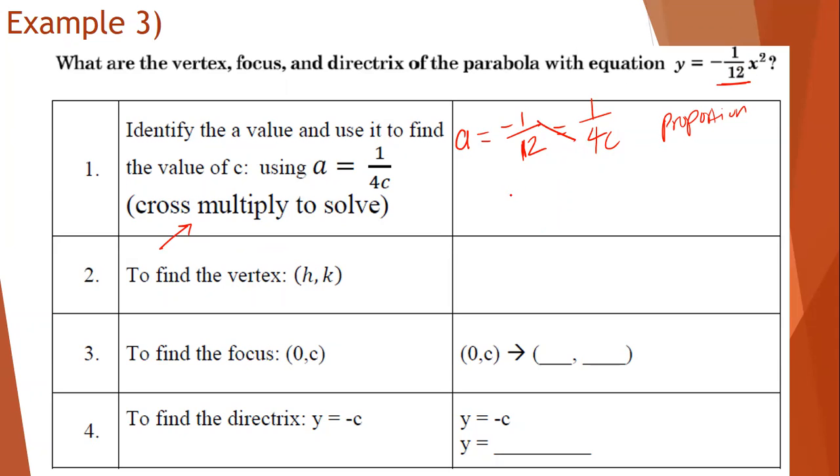Negative 1 times 4C is negative 4C. Cross multiply. 1 times 12 is 12. Then I divide. This should feel extremely familiar in your lives. If not, that explains a lot.